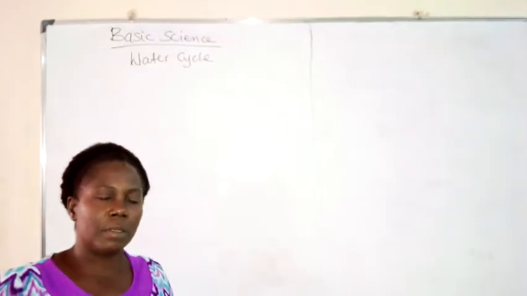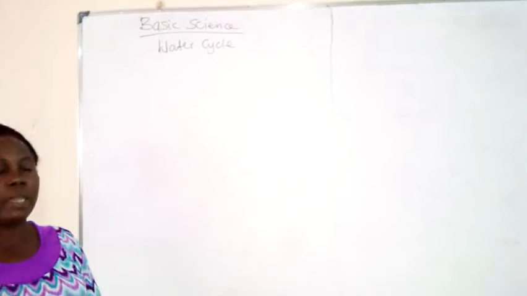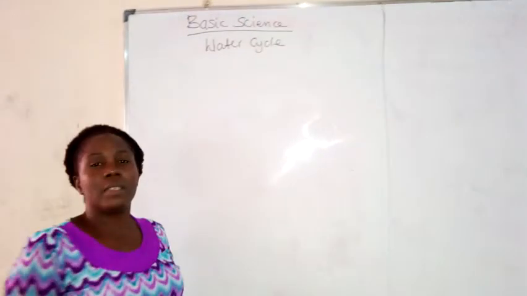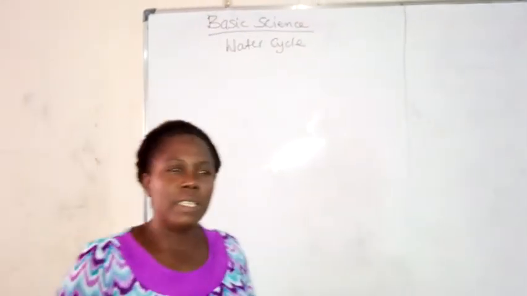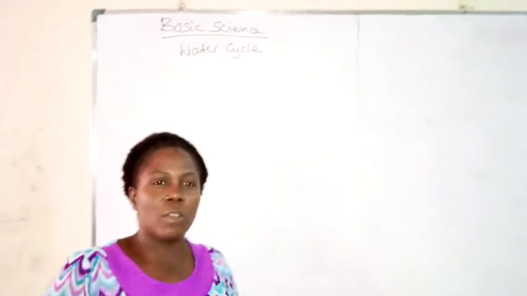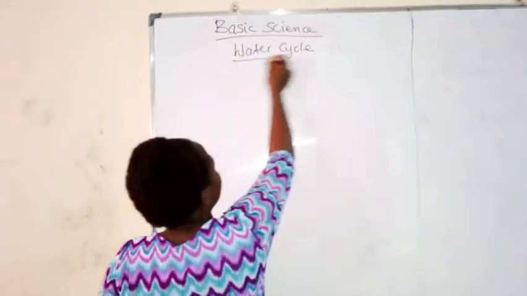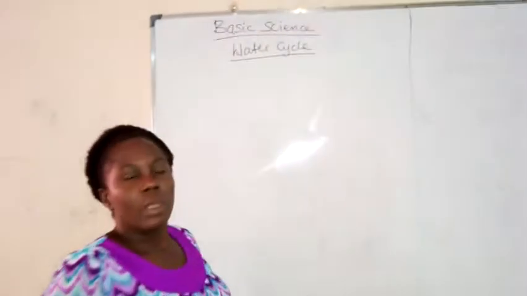Boys and girls. Today we are looking at the subject basic science, and in basic science the topic we are considering today is an interesting topic, which is the water cycle. If I may ask, what is water?